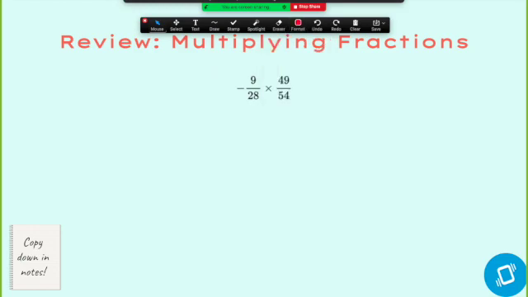If we're trying to find the product of this fraction, we want to start off first by simplifying. With 28 and 49, I do know that they can both be divided by 7. If I divide both numbers by 7, I get 4 and 7.